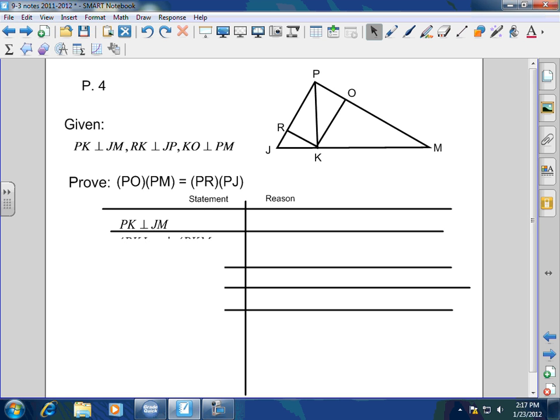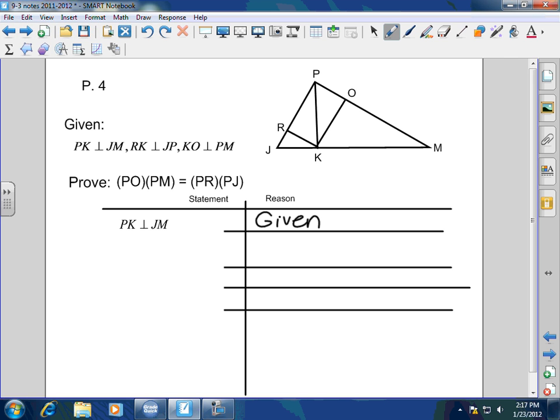As always, we first give our first proof, which is the given. So we're just going to put in here given. But now that we know that PK is perpendicular to JM, what can we prove from there? PK is an altitude, but we don't want to mention that yet. You could have said that and it wouldn't have been wrong.